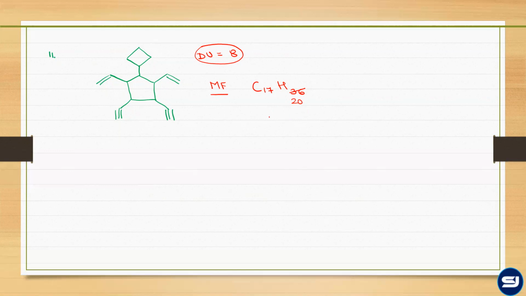C17H20. Now, इसी में, if I ask you the carbon-carbon sigma bonds, it will be equal to 16. Every 2 carbon atoms will be joined by a sigma. So जितने carbon होंगे, one less would be the number of CC sigma bonds, directly 16.